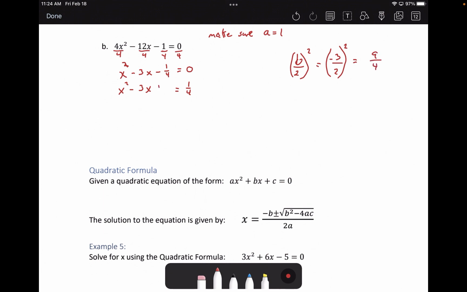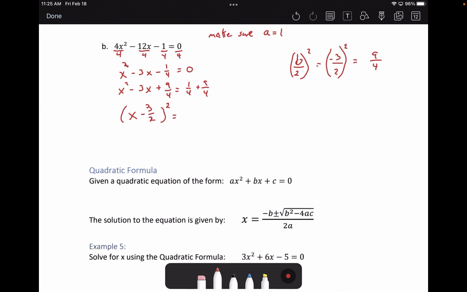So we're going to add 9/4 to both sides. That creates a perfect square trinomial, which we can factor as x something squared. And again, that something is always b over 2 before you square it. In this case, b over 2 is -3 halves.